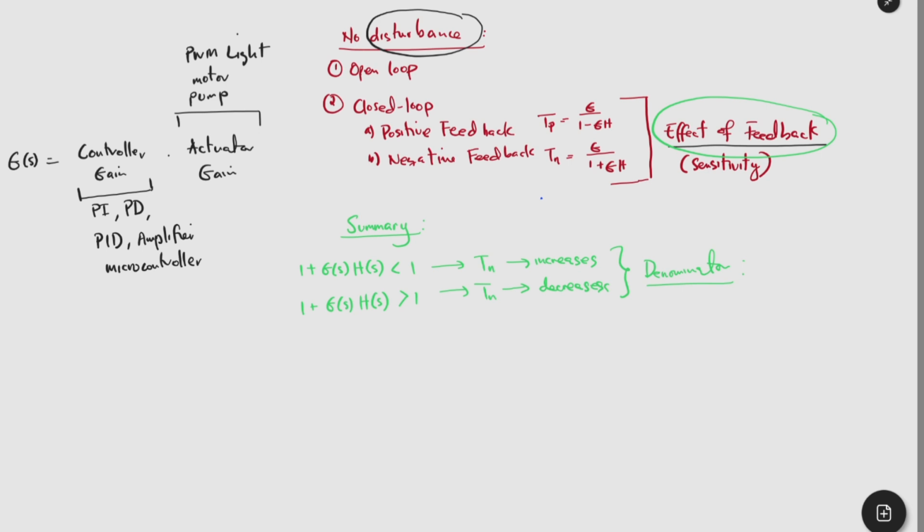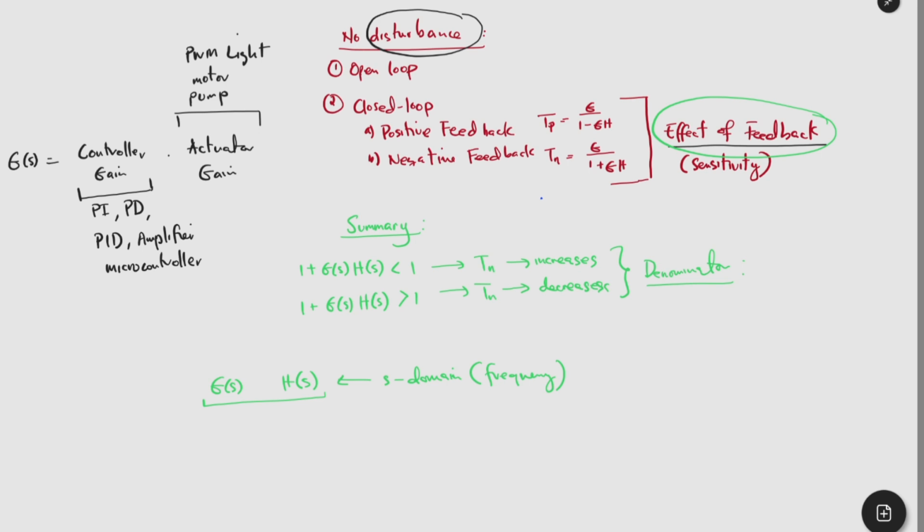Since G(s) and H(s) are in the S domain representation, and the S domain representation is in the frequency range, when we increase and decrease the value, we can see that the feedback will increase the overall gain of the system in one frequency range or decrease it in another frequency range. They all represent the effect of the feedback of a closed loop control system.